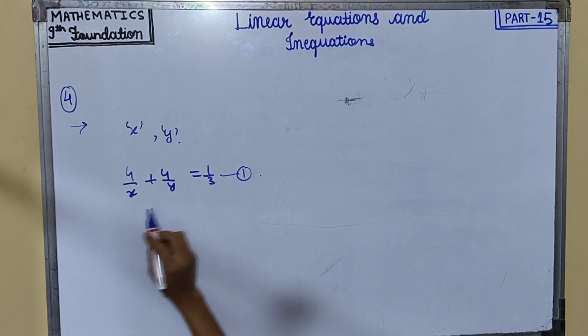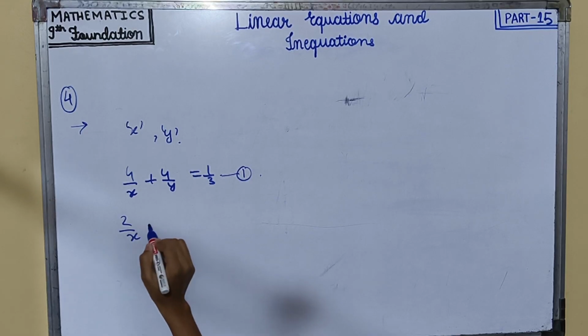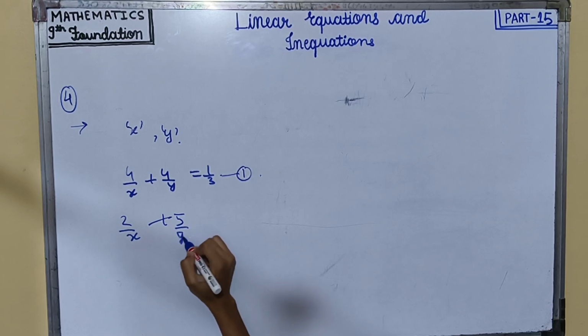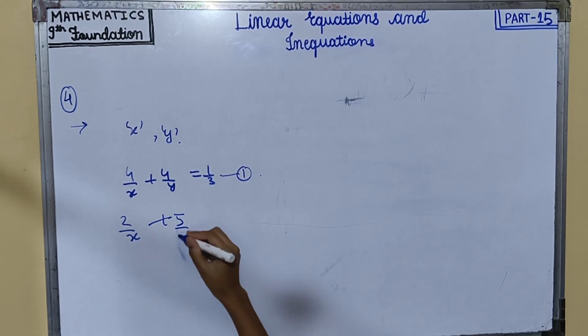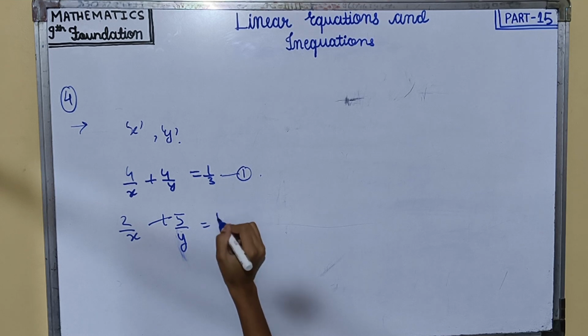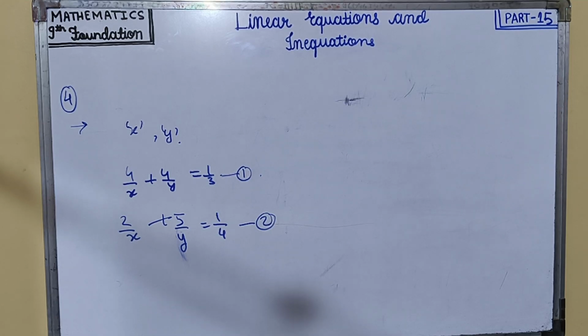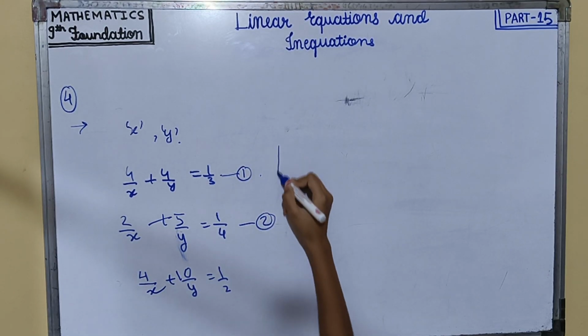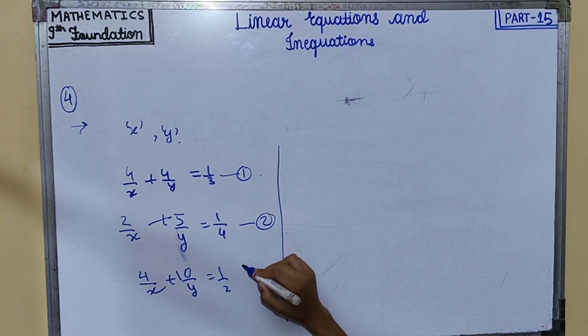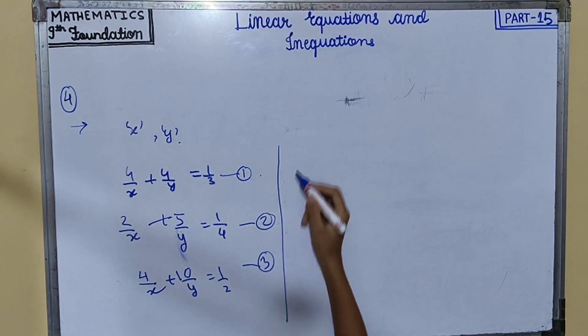The first equation, and second equation will become 2 by x plus 5 by y is equal to 1 by 4. Multiplying the equation 2 by 2, we get 4 by x plus 10 by y equal to 1 by 2. This would be the third equation.